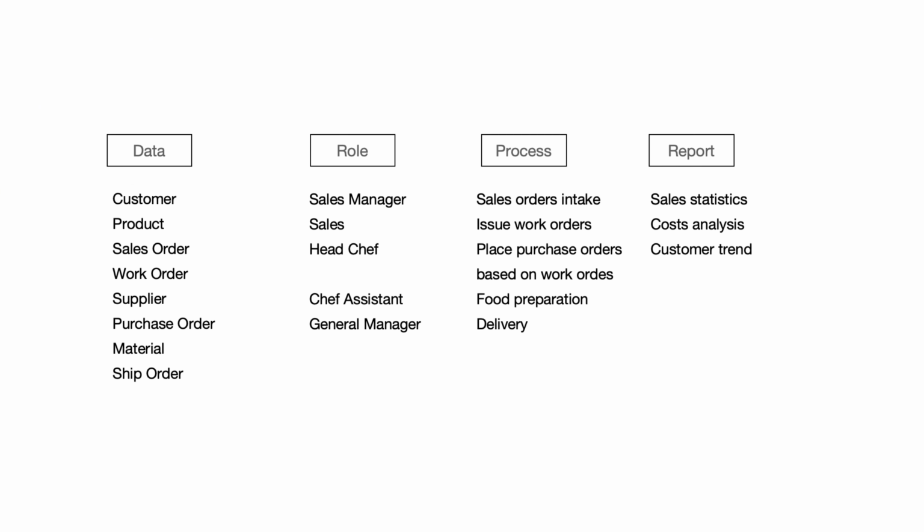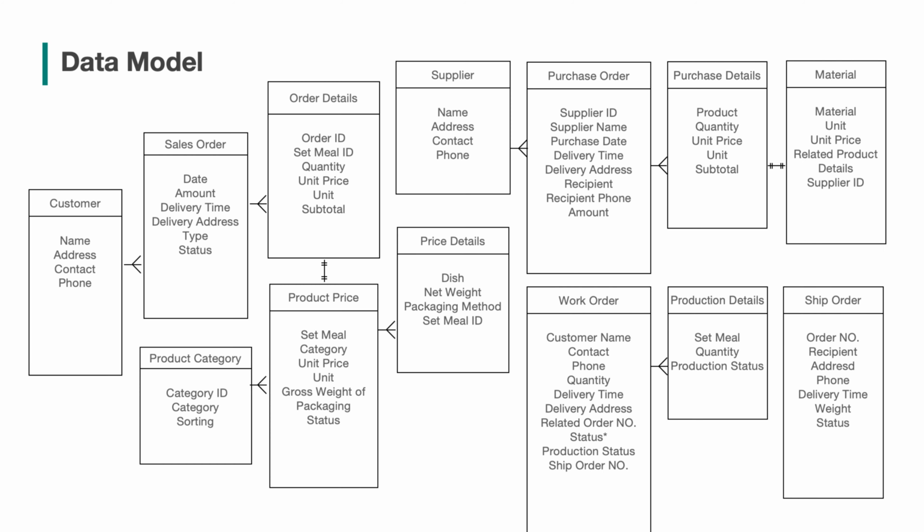By analyzing the business activities of each role, we have mapped out the data and processes they interact with. Next, we will further refine the process and information components of the RPIC. Building on the data objects identified, we now define their attributes, the fields that describe each data object. Here, we provide a list of data objects and their attributes relevant to this case. For clarity, we use an entity relationship diagram to represent these relationships.